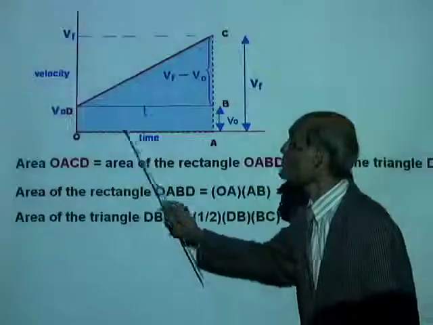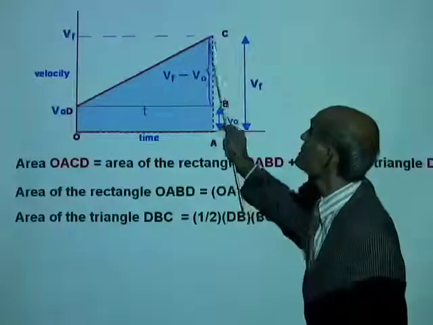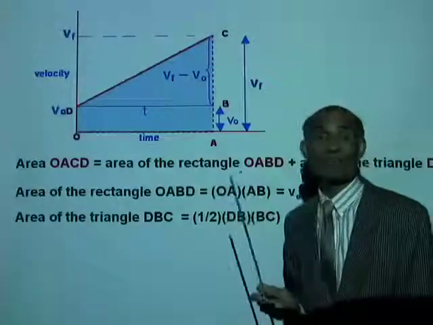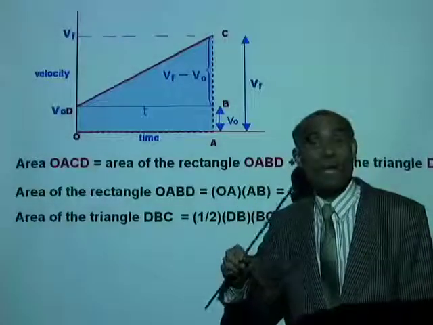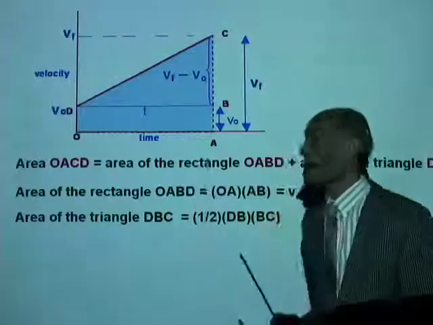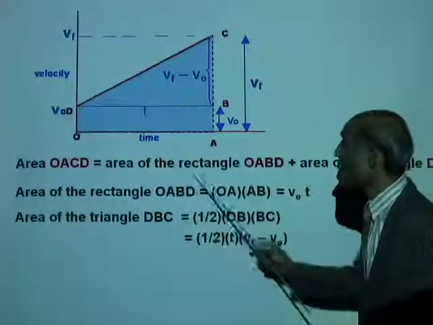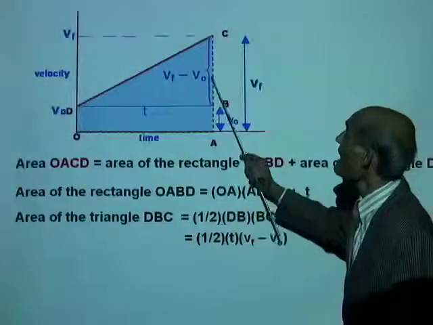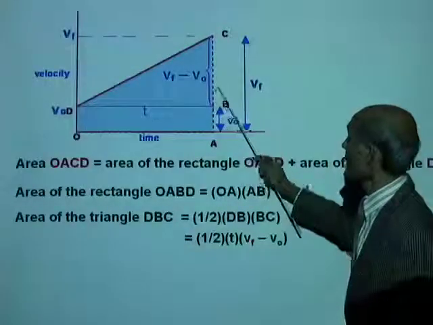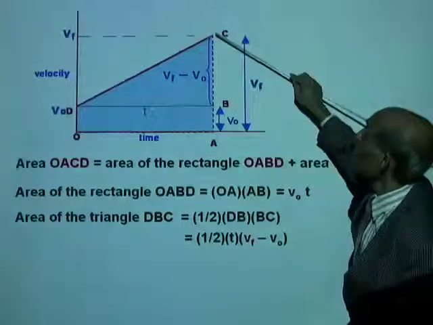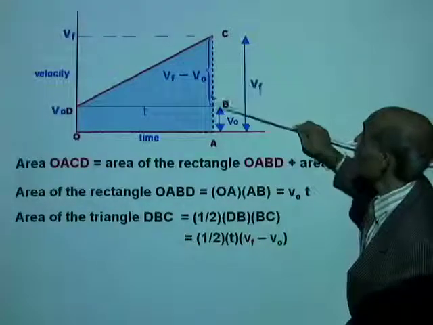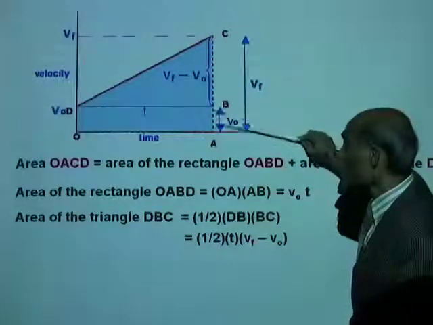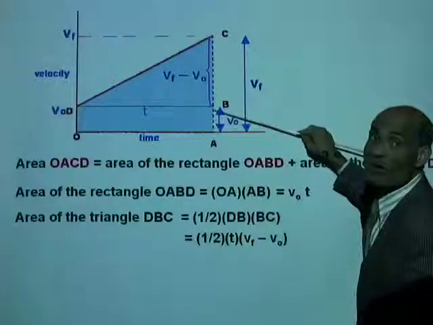What is the area of the triangle DBC? What is the area of that triangle? Area of a triangle is 1/2 base multiplied by height. 1/2 base, what is the base of the triangle? It is t. What is the height of the triangle? The height of the triangle is, if you look at this length is Vf, the final velocity, and this length is V0.